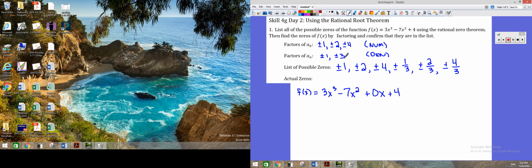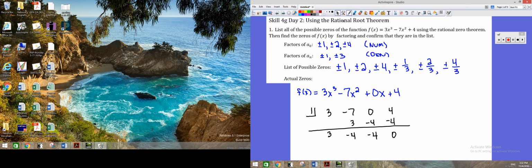If I start trying these values, let's try 1. Let's peel off 3, negative 7, 0, 4. Pull down 3, negative 4, negative 4, negative 4, negative 4, 0. We got lucky and found one right off the bat.